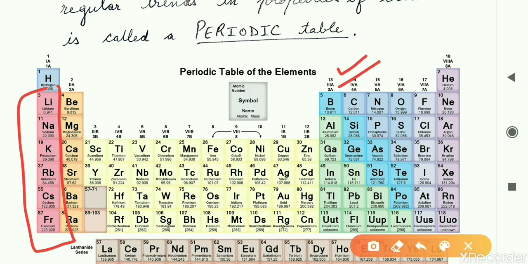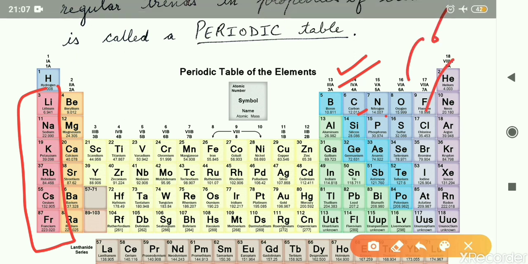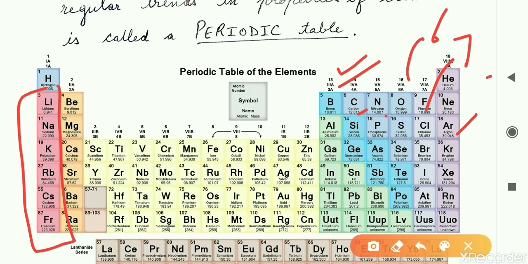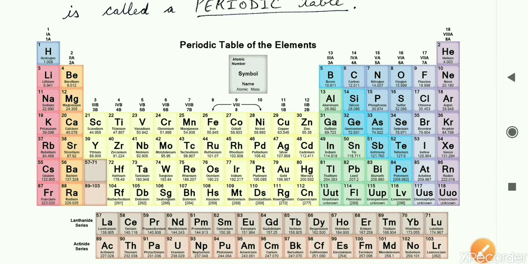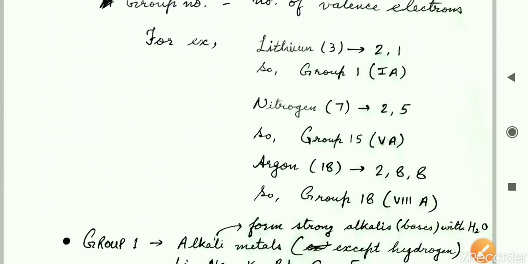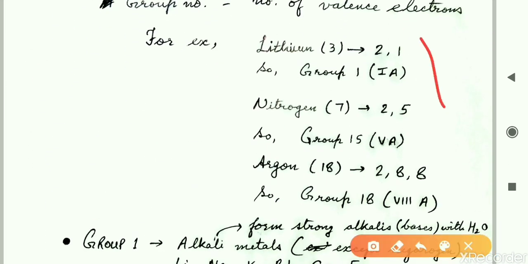I hope you know the octet rule. Go back to your basics in class 9. So group 13 will have 3 valence electrons, group 14 has 4, group 15 has 5, group 16 has 6, group 17 has 7 valence electrons, and group 18 has 8 valence electrons. 8 means the octet is complete there, and therefore they are noble gases.